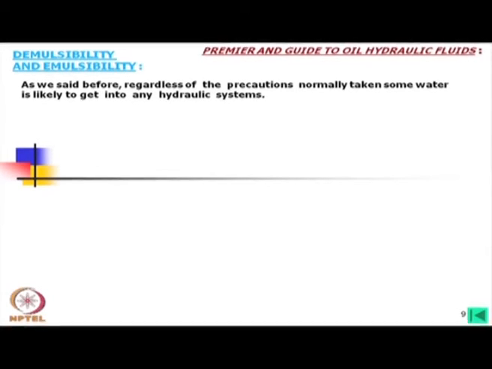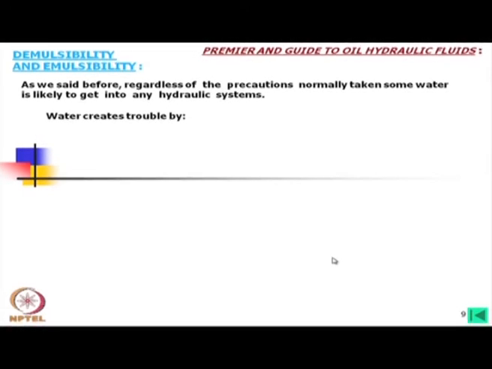Now, de-emulsibility and emulsibility, that we have to look into while we are selecting the hydraulic oil. As we said before, regardless of the precautions normally taken, some water is likely to get into any hydraulic system.